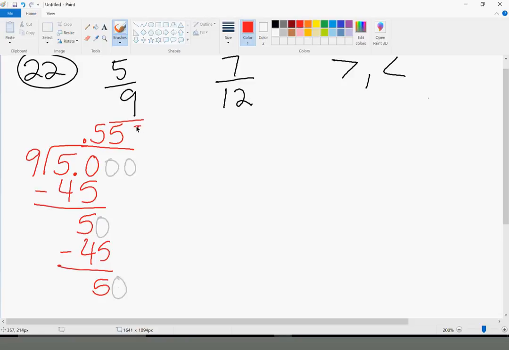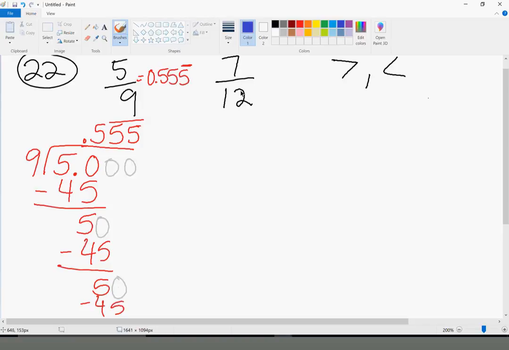Let's get one more in there. 9 goes into 50 5 times. 5 times 9 is 45. And it just keeps going. So 5 divided by 9 is equal to 0.555 repeating. And we can always round that based on what 7 divided by 12 is.